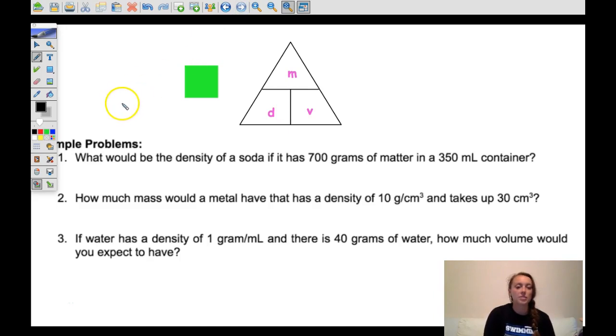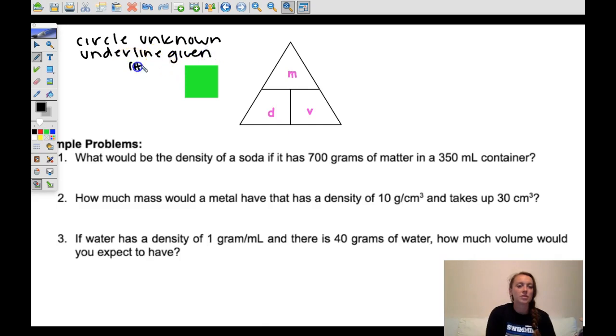Now let's do some practice problems. So typically when I do word problems, I like to circle what I'm trying to find, so circle my unknown, and underline what I'm given. So that includes numbers and the unit.